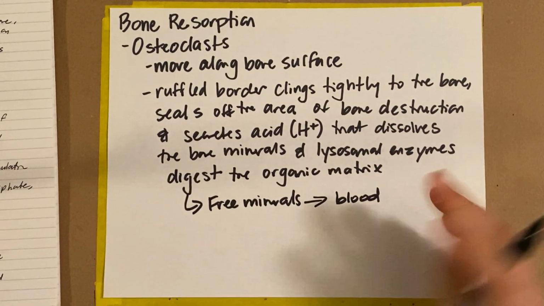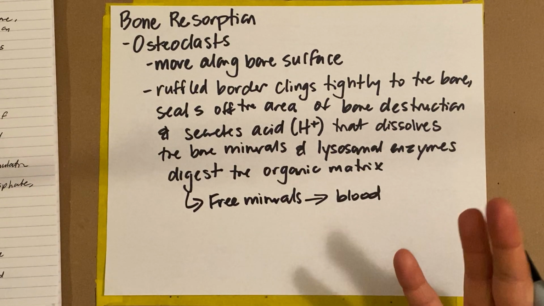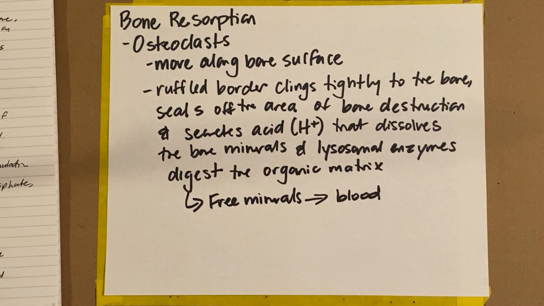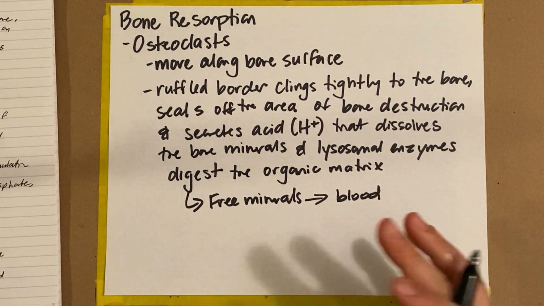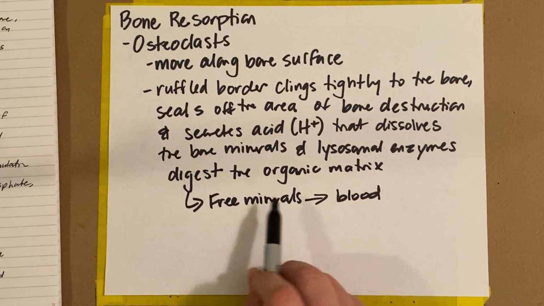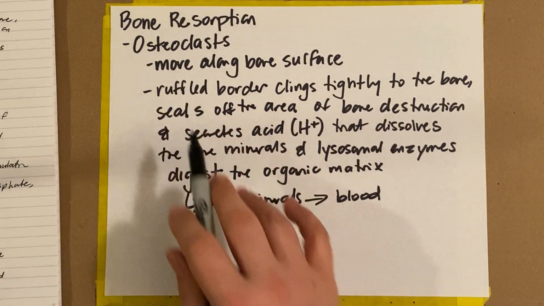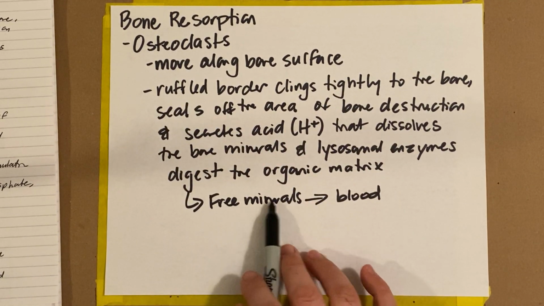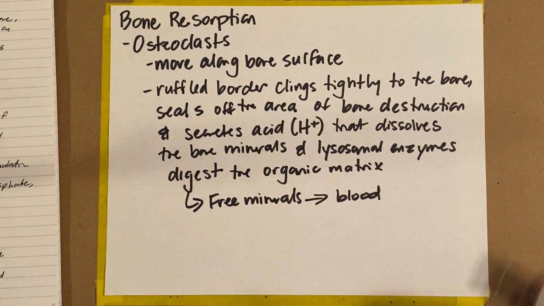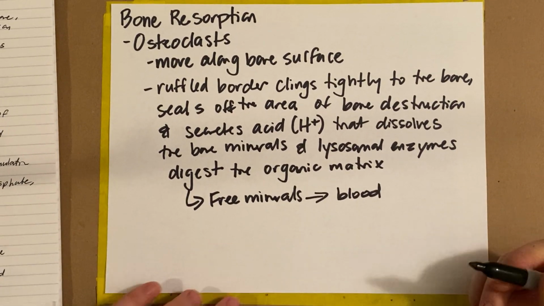This is important because one of the big functions of bone is that it stores a lot of calcium. If we need calcium in different places in our bodies, we need to be able to free it up. Osteoclasts degrade it, and those minerals can go back into the blood and go to wherever they're needed.